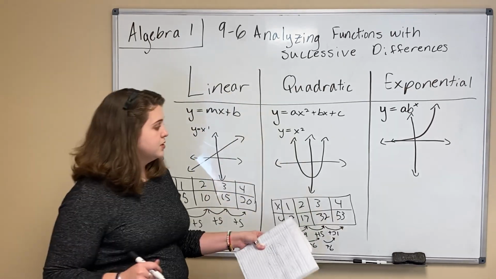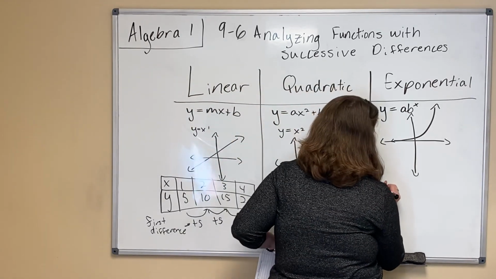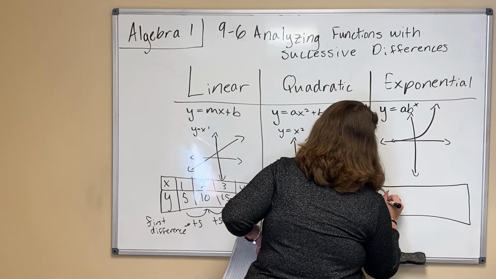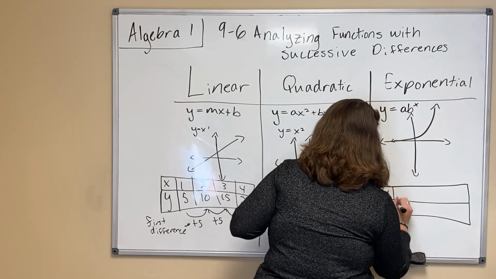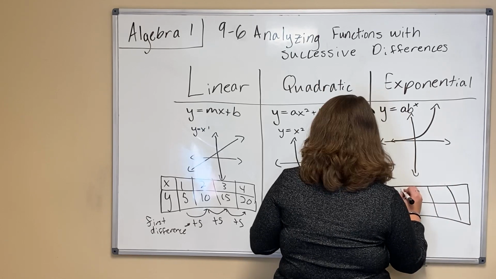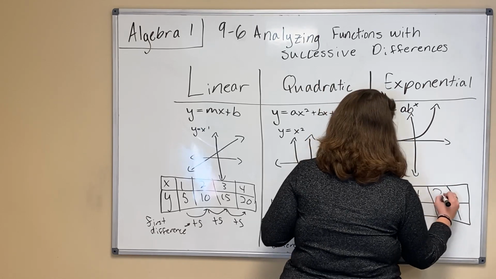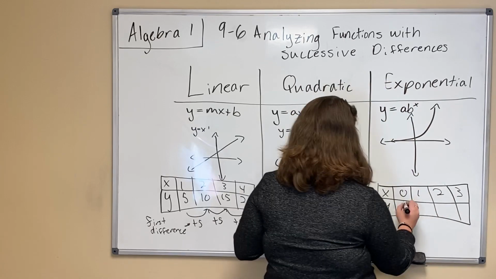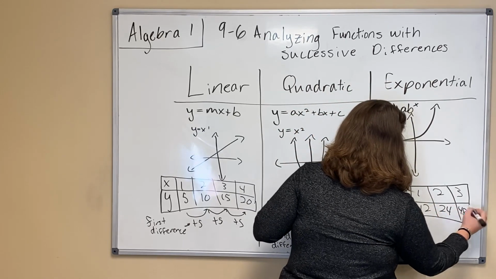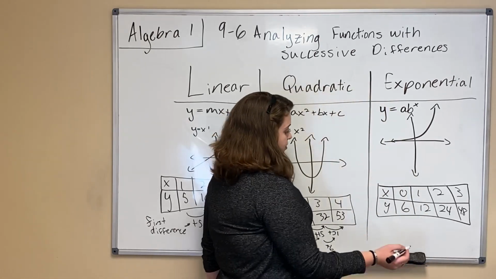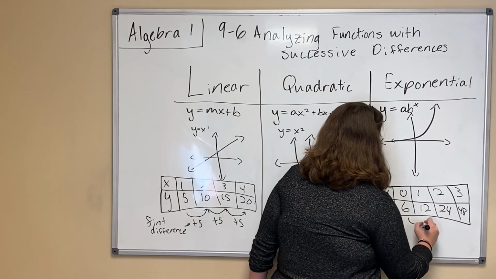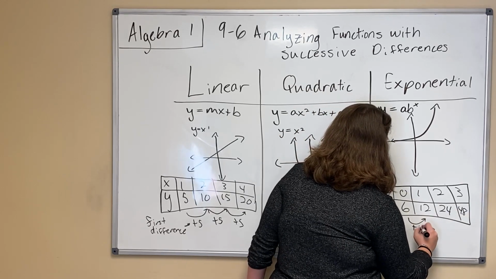With an exponential function, let's make another table of values. Let's go 0, 1, 2, 3, and 6, 12, 24, 48. If I find my differences, the difference between 6 and 12 is plus 6.